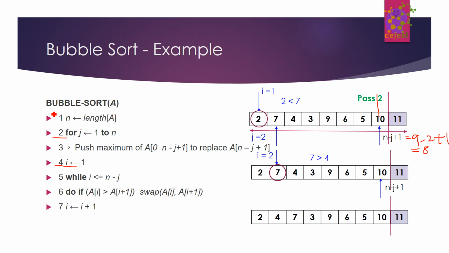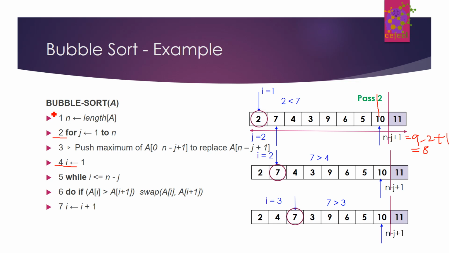So we swap the elements, we have 2 4 7 now, I value gets incremented to 3, and now I points to the element 7, and we compare AI with AI plus 1, which means 7 is compared with 3.